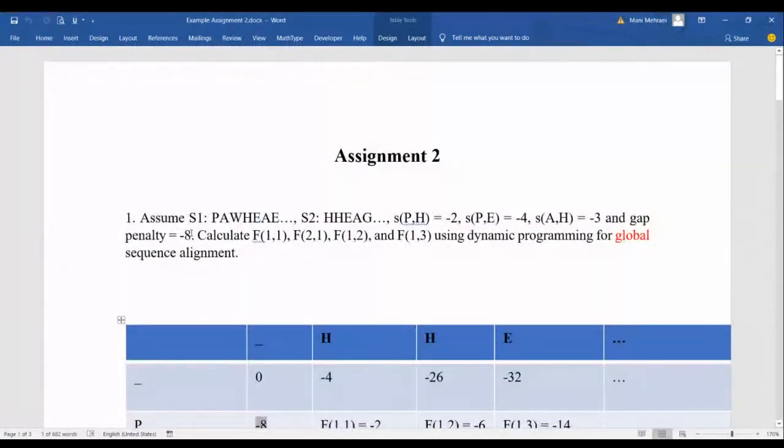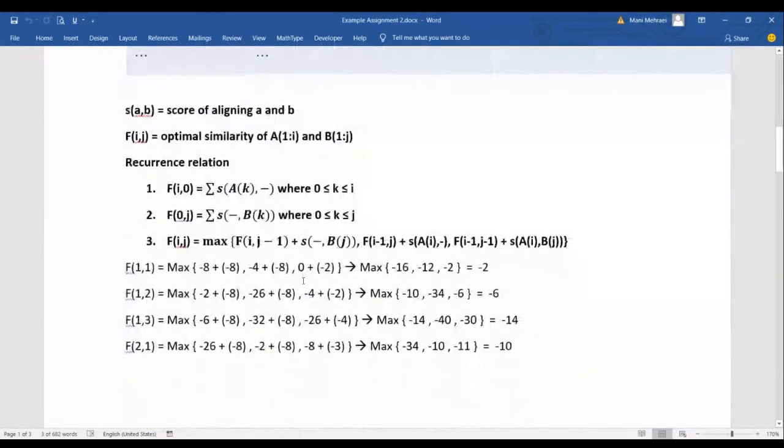So whenever you see the penalty for the gaps, you consider -8. So here we have -8 plus -8, which is -16. For the next one, again, gap penalty, which is -8. Sorry, this one, -8 and plus 0, 1.